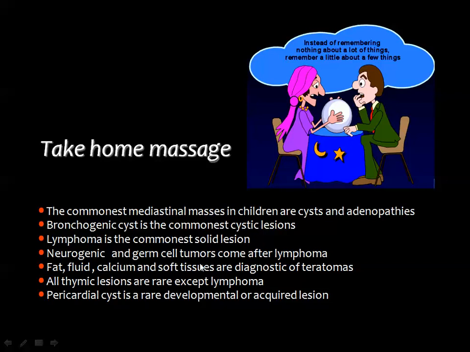Neurogenic and germ cell tumors come after lymphoma. Fat, fluid, and calcium, and maybe soft tissues are essential for the diagnosis of teratomas. All thymic lesions are considered rare except involvement of the thymus by lymphoma. Pericardial cyst is a rare developmental or acquired pathology.